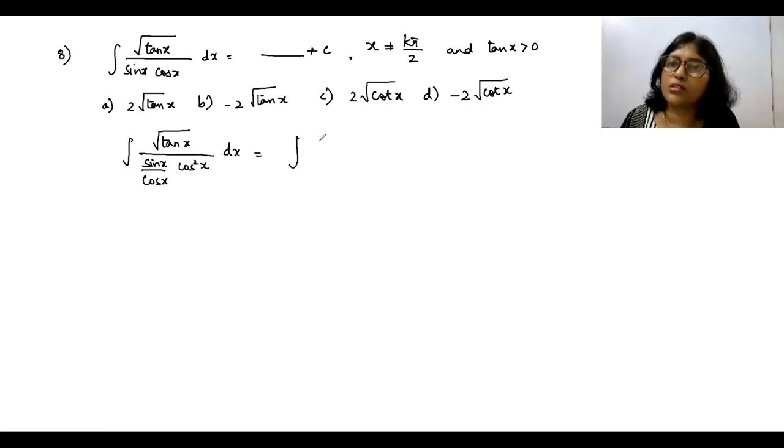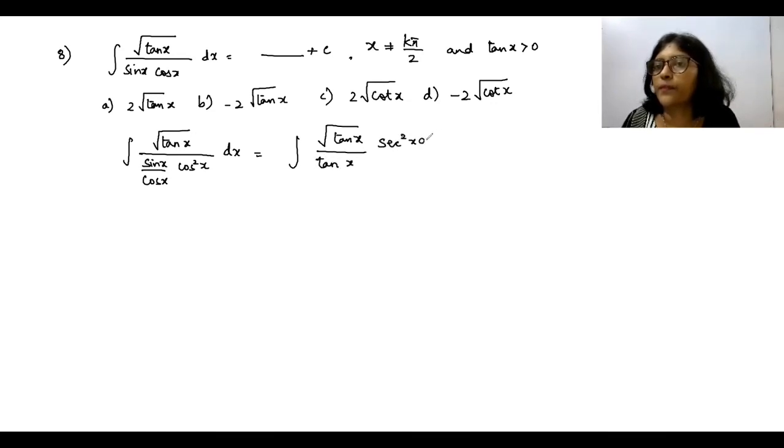Well, that's so nice. It is root tan x upon sin upon cos is tan x. And what is 1 upon cos square? It's sec square x. Let's simplify this before we solve it. This is root tan x upon tan x, that is tan x raised to minus half. Because this will get cancelled, in the denominator we will get root tan x.